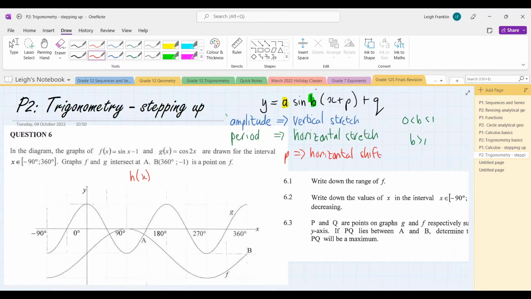Okay, so if I have a graph h of x and I say that it is equal to sine x plus 30, what am I saying has happened to my sine graph? It has been shifted 30 degrees to the left or right. So h of x equals sine x plus 30 means that my sine graph has been shifted 30 degrees to the which side?